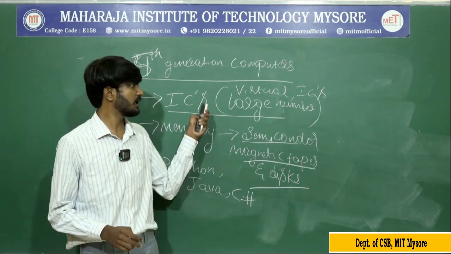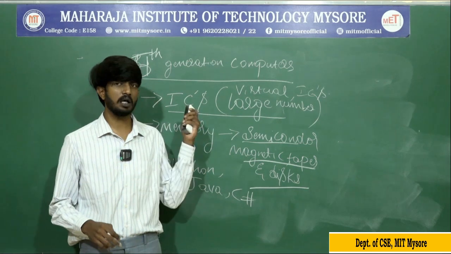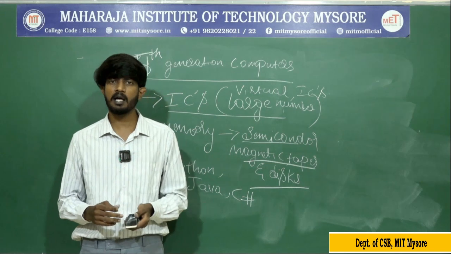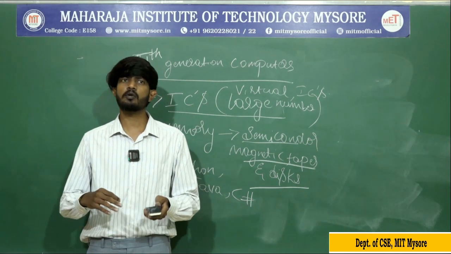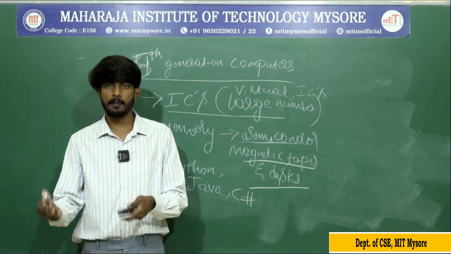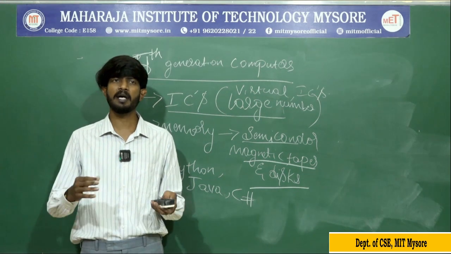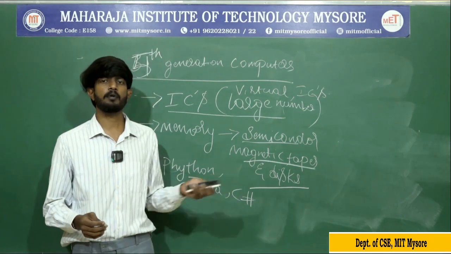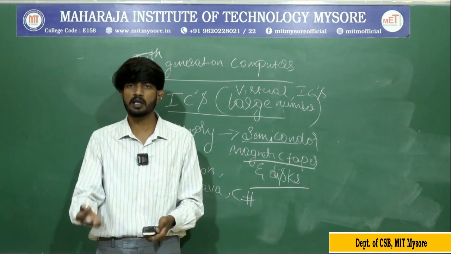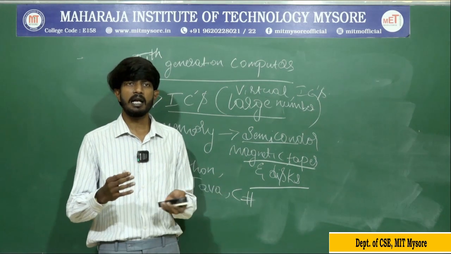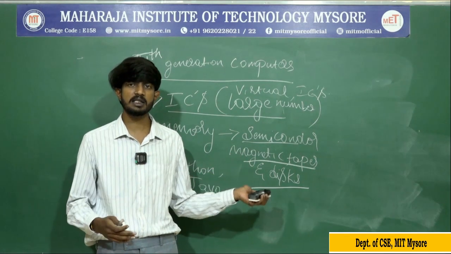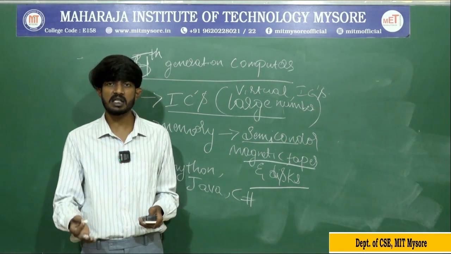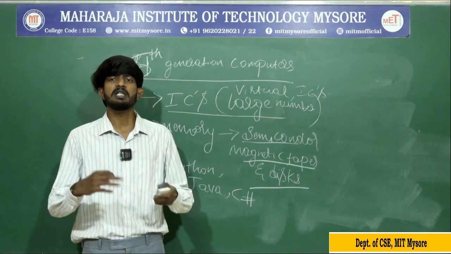So here it is very fast, and the memory allocation is reliable and flexible, and we can store more data in memory based on the secondary devices which we are going to use. And the programming languages or the instructions were given in the format of languages, that is Python, C# and Java. So these programs were given as instructions to the computer to perform certain tasks.